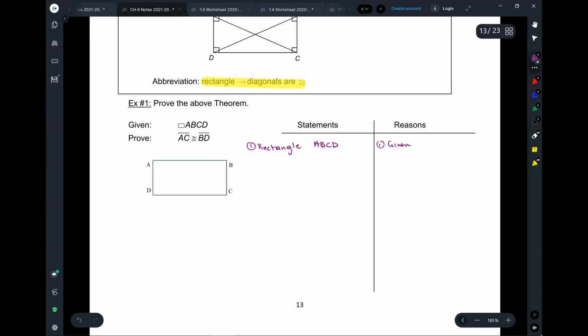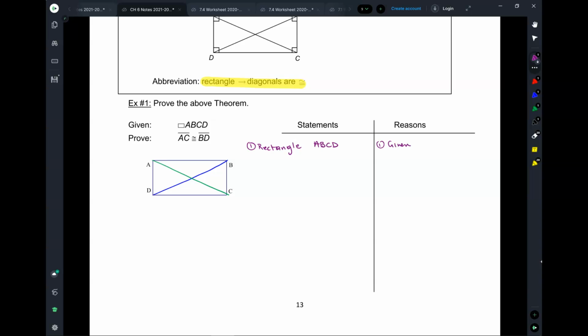Okay, we want to prove AC is congruent to BD. Those aren't even shown, but I'm going to draw them. So we want to prove that AC is congruent to BD. So BD and AC. Okay? All right. So the way in which we can do this is, do you see how there are two major triangles here?